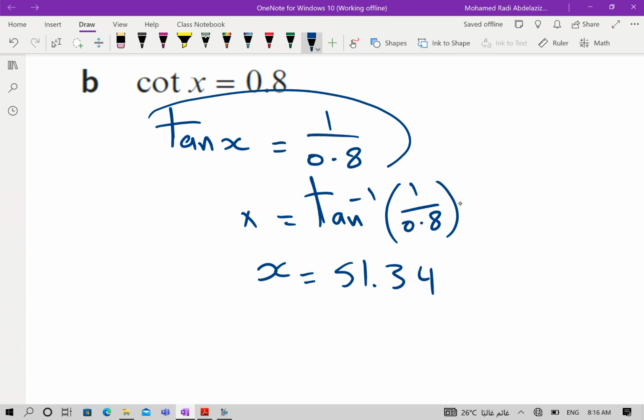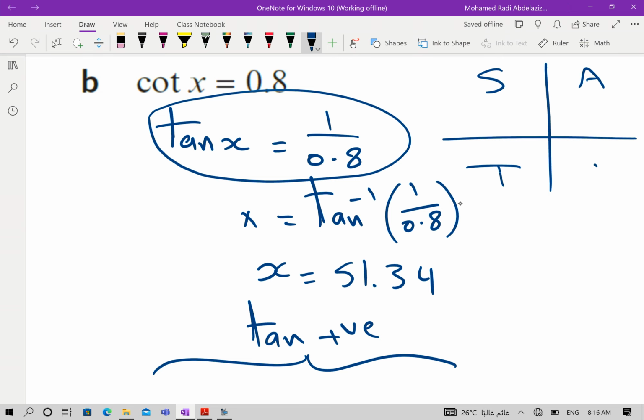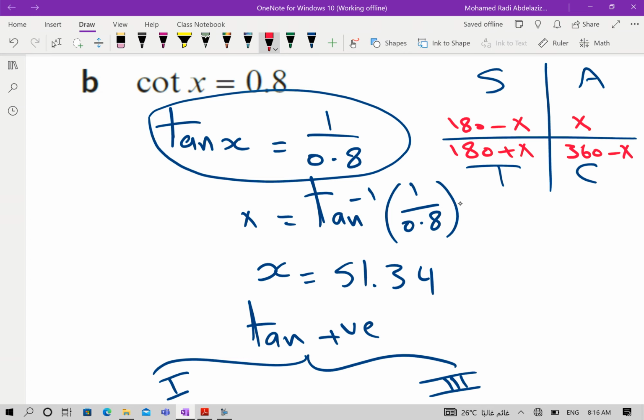Tan x is positive. In which quadrant is tan x positive? ASTC. First and third. First is x. Second, 180 minus x. Third, 180 plus x. Fourth, 360 minus x.